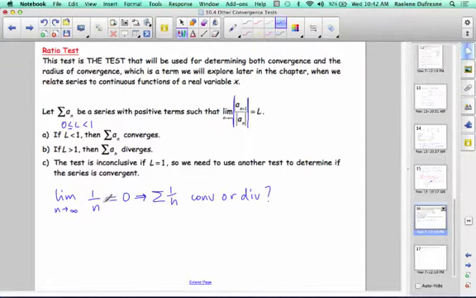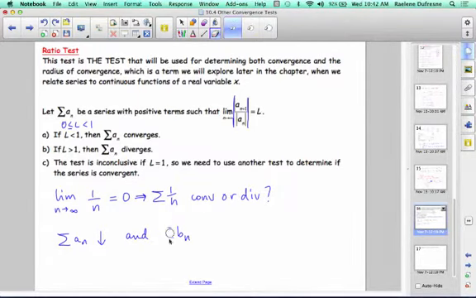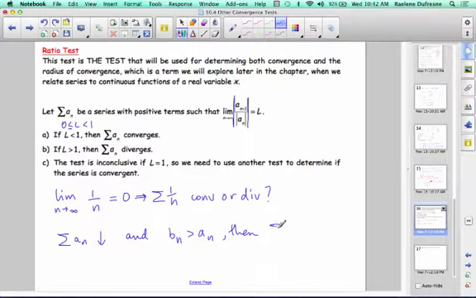However, we've also seen with the comparison test, if the series of an converges and the bn terms are greater than an terms, then the series of bn converges or diverges. So we've seen a couple of cases of having inconclusive tests. So the ratio test will also be inconclusive if the limit value is equal to 1, and we will need to use another test to determine if the series is convergent.